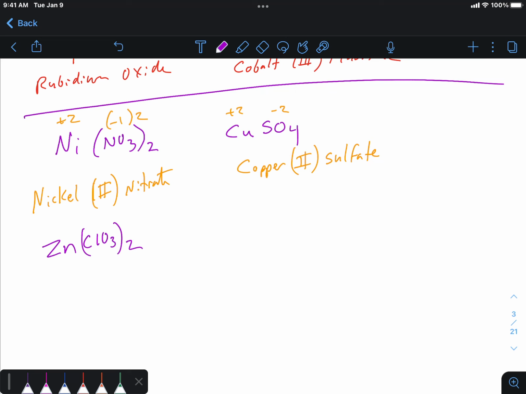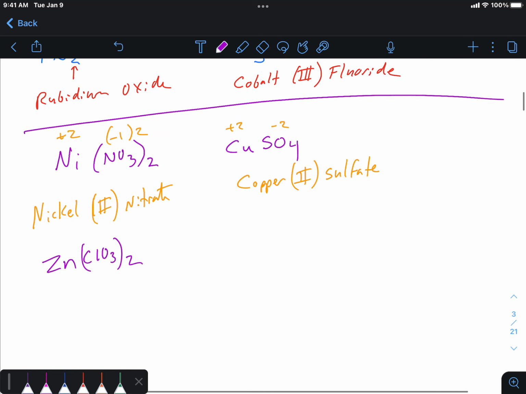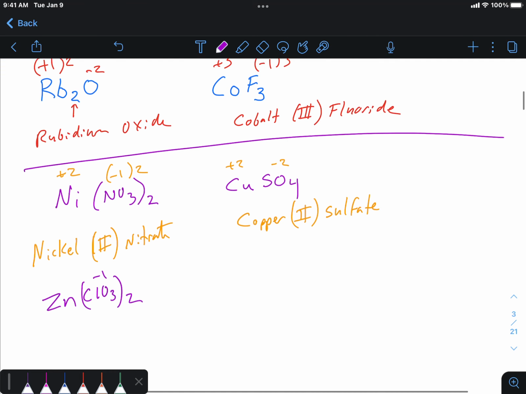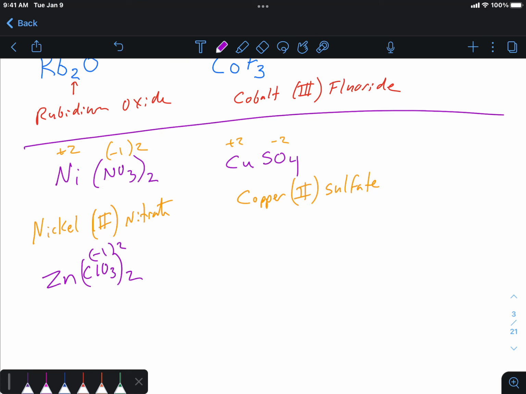Zinc chloride. Yes. So ClO3 is called chlorate. It's got a -1 charge. There's 2 of them. So that means zinc's charge must be +2. And you check zinc and you see that zinc only has 1 charge. Because it only has 1 charge, we don't need a Roman numeral. So it's just going to be zinc chlorate.